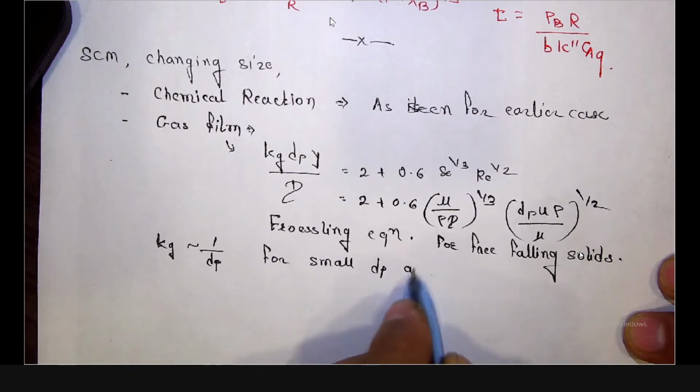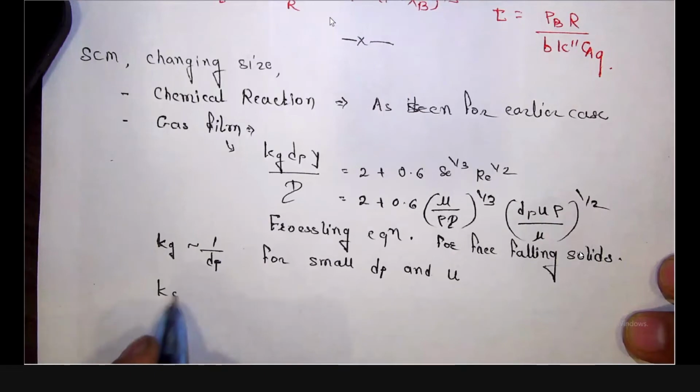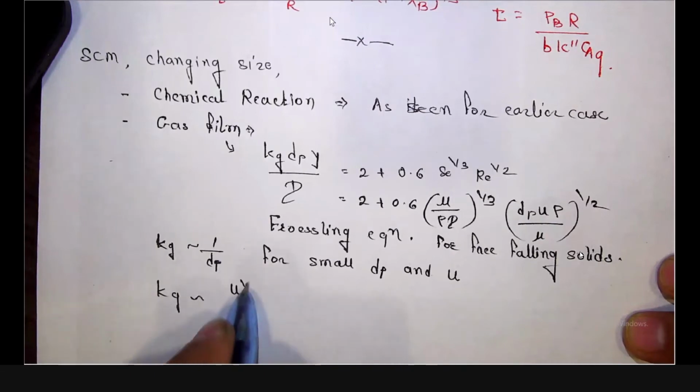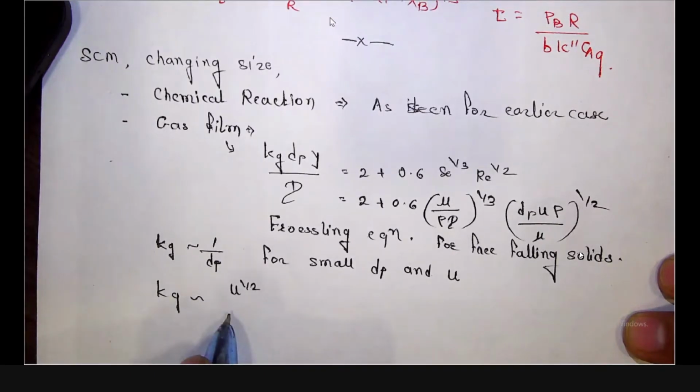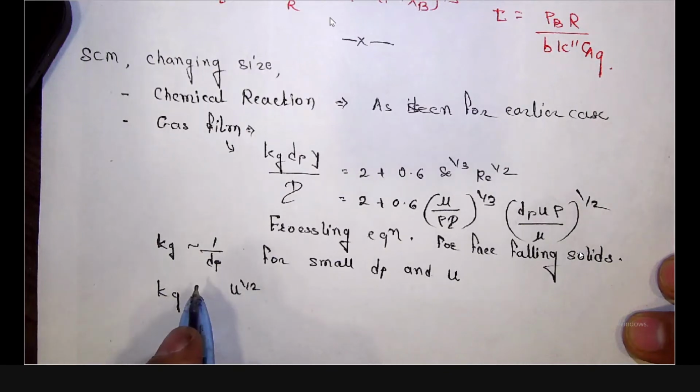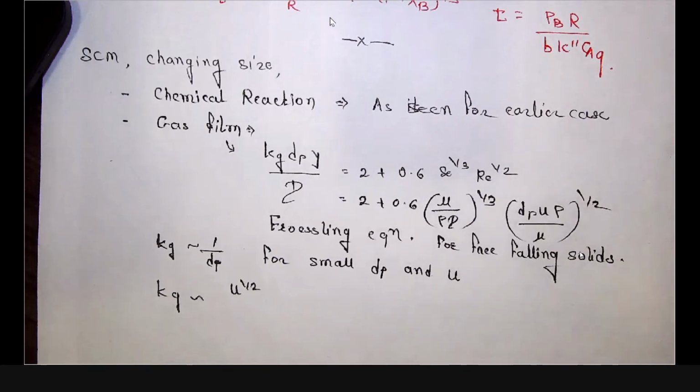That means small velocities, and this will be approximating to the square root of this one. Something is wrong. Let me check.